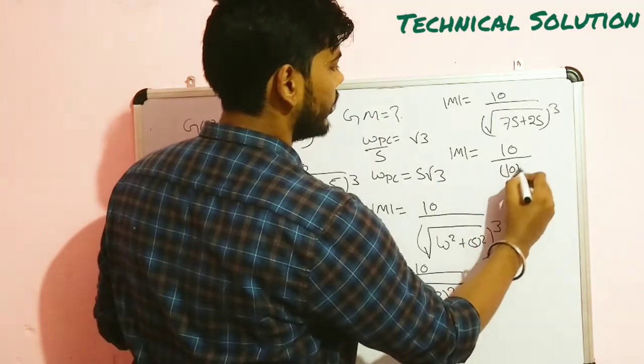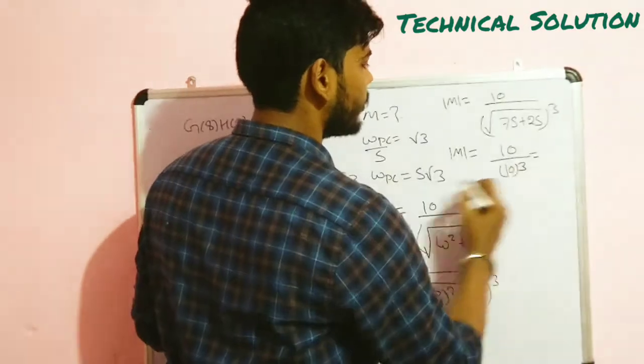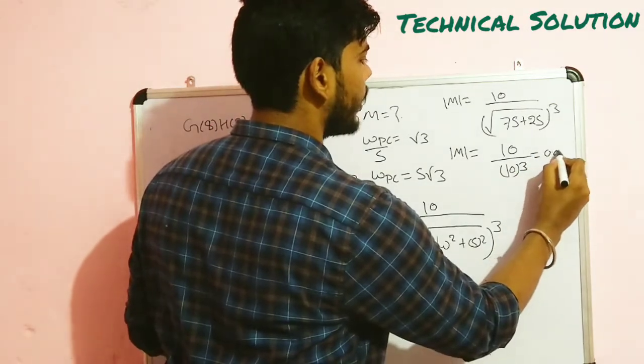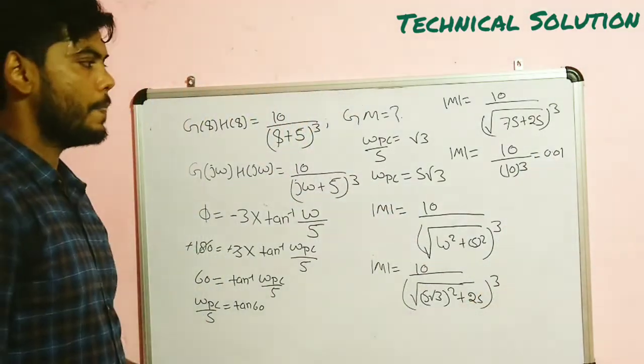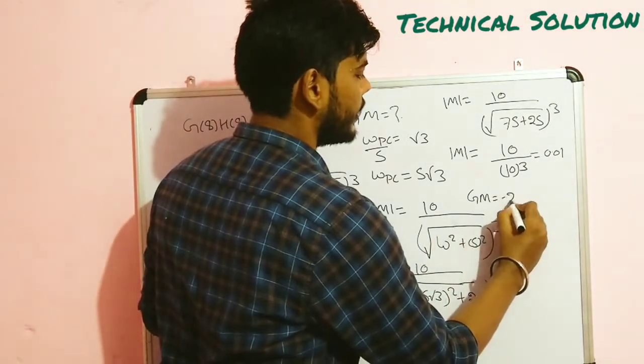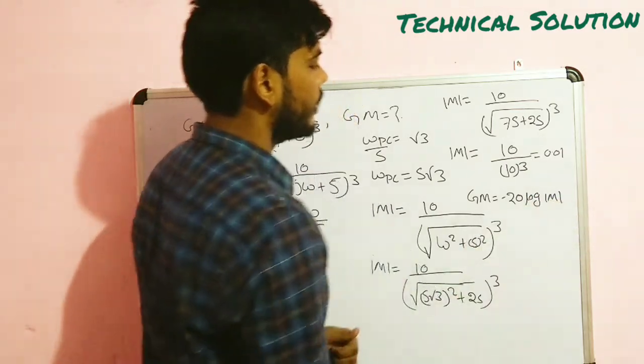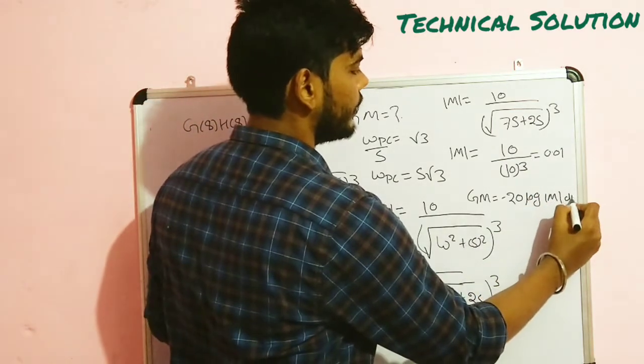So we get 10 upon 10 raised to the power 3. The magnitude at the phase crossover frequency is 0.01. So the gain margin is minus 20 log of the magnitude at the phase crossover frequency in dB.